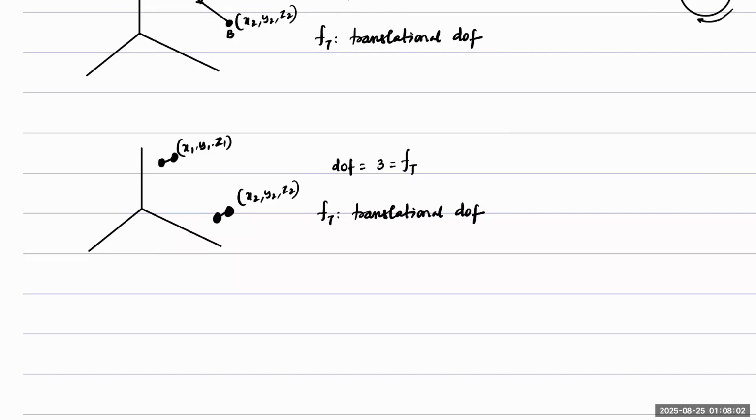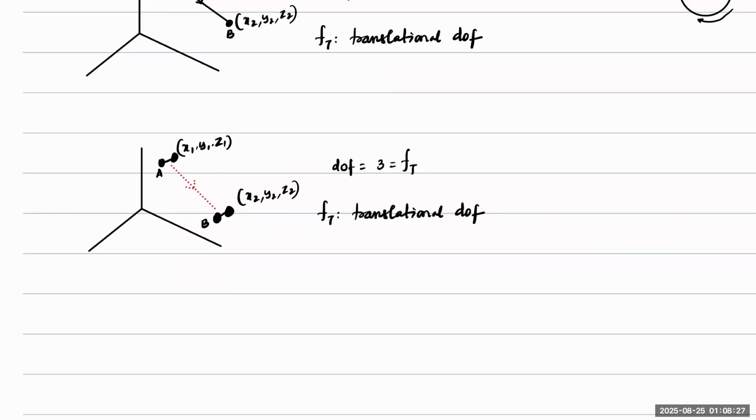So for an H2 molecule, from this position to here, it is translating. So it is translating from a position A here, from A to B. This is how it is moving, correct?